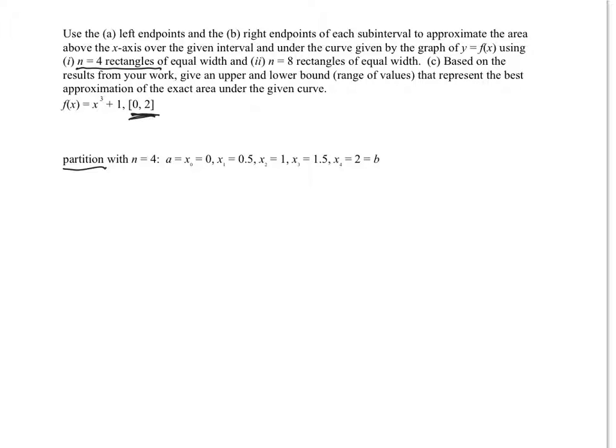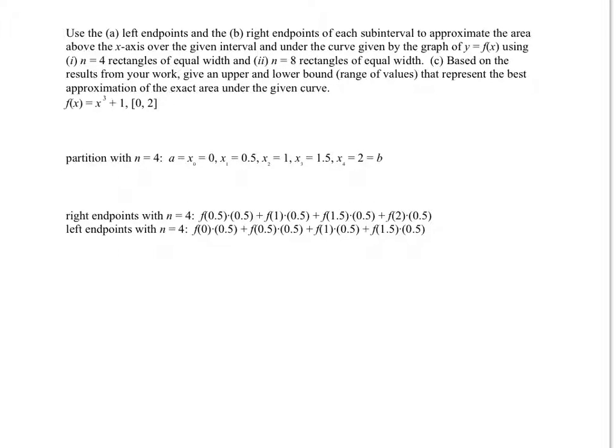So our formal notation, we have A, which is always our left endpoint of the total interval, or sometimes we'll call that x sub 0. Then x sub 1 would be the right endpoint of the first subinterval. Then x sub 2, x sub 3, and then x sub 4 will be the very end of our x interval, which sometimes we also call b.